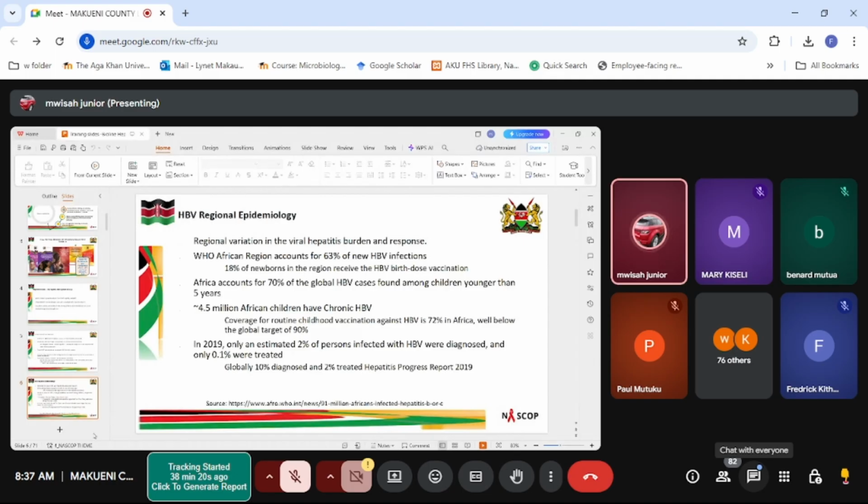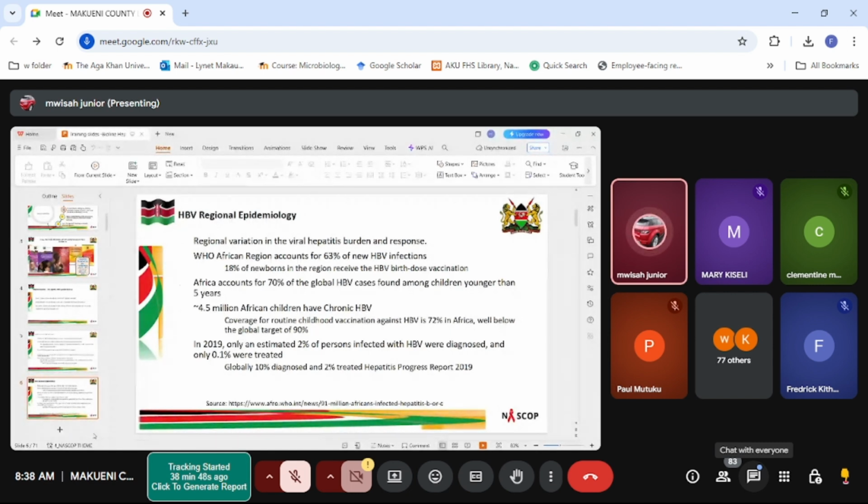The regional epidemiology, this is how it presents. The African region accounts for 63% of new hepatitis B virus infections. 18% of newborns in the region receive the birth dose vaccination. Africa accounts for 70% of the global hepatitis B cases found among children younger than 5 years.